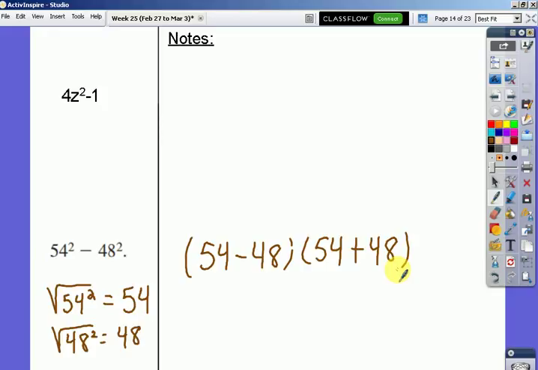So when I do that, I get 6 times 102, which will give me the answer, which is 342. Does that make sense how I use that shortcut?